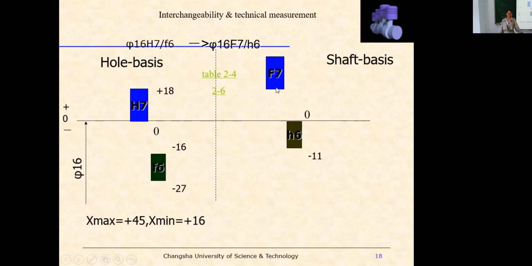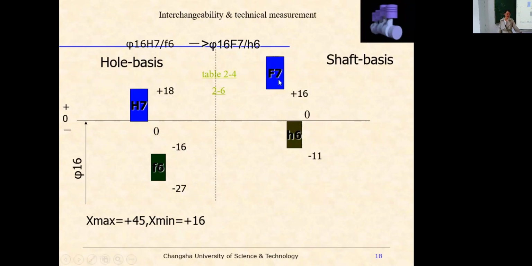And then for the F7, the table values for the hole and shaft have the same value with different symbols. For the hole it is plus and for the shaft it is minus, right?